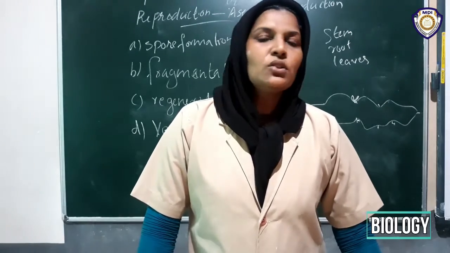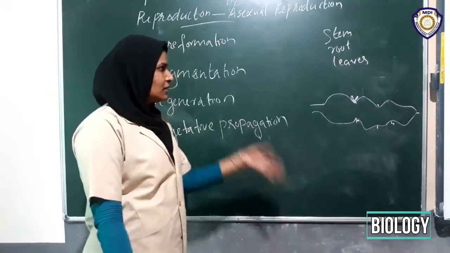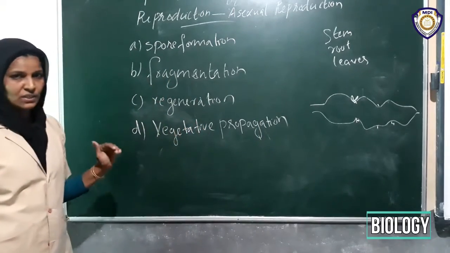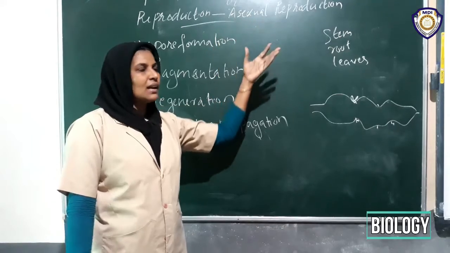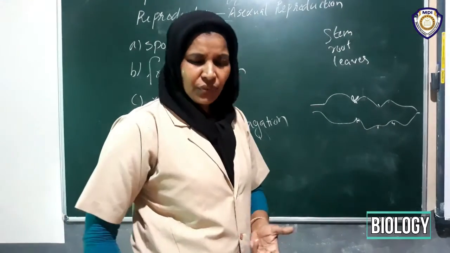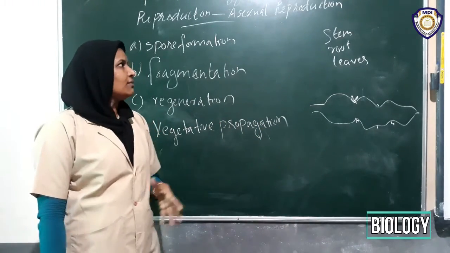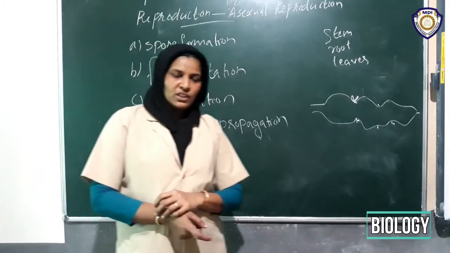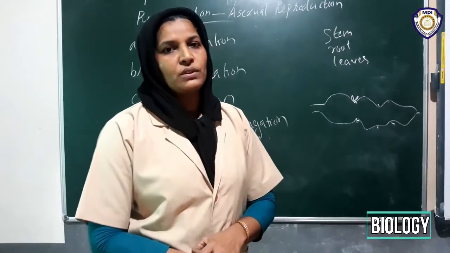So that's all about asexual reproduction. Once again, we have studied the different methods of asexual reproduction. In the last class we studied binary fission that occurs in amoeba. All asexual reproduction methods are very important, so study very well: binary fission, multiple fission, and which organisms exhibit these processes.